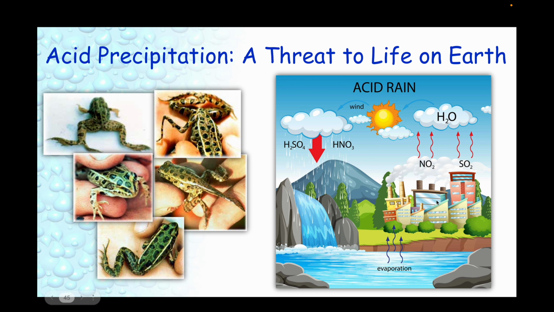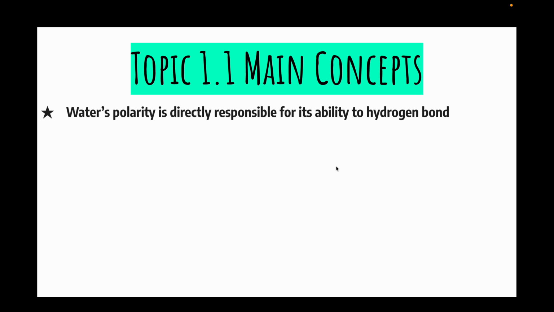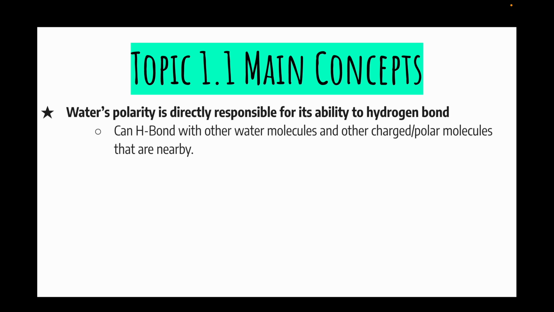All right? And that's all about it. Water's polarity is directly responsible for its ability to hydrogen bond. Because it can hydrogen bond with other water molecules and with other charged or polar molecules nearby, what do you think is the ability for water to hydrogen bond with other water molecules? Is that cohesion or adhesion?